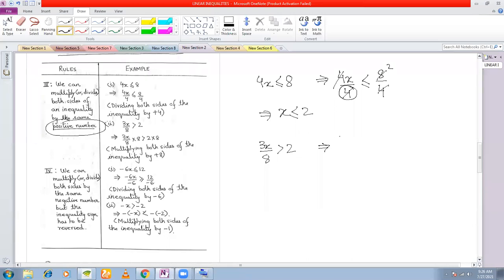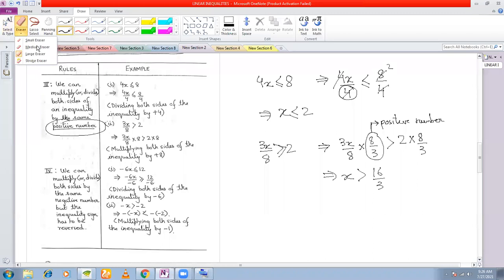So what do I need to do? 3x by 8, if I multiply this by 8 by 3, multiplying by a positive number, the inequality sign here is greater than, so it will remain greater than because I'm multiplying both sides by a positive number. So this will become x greater than 16 by 3. So that is the next rule.